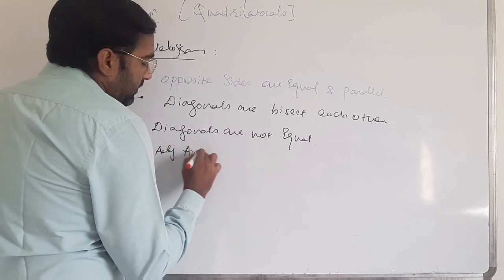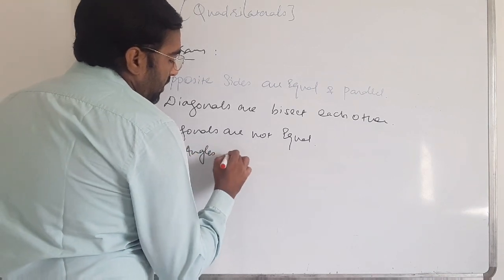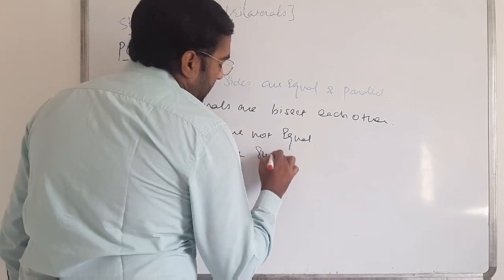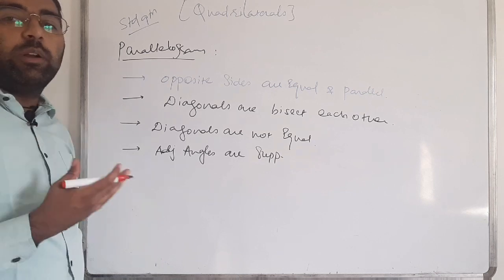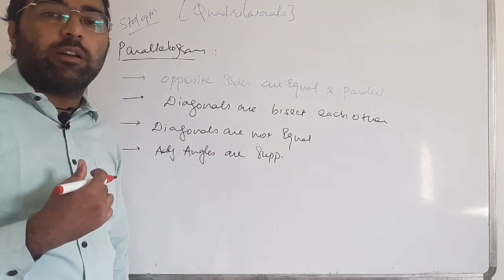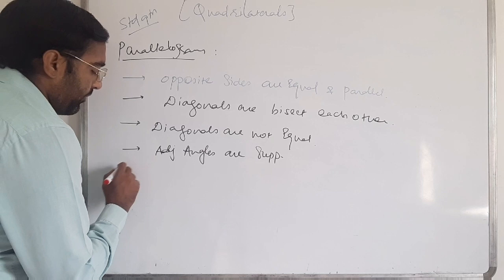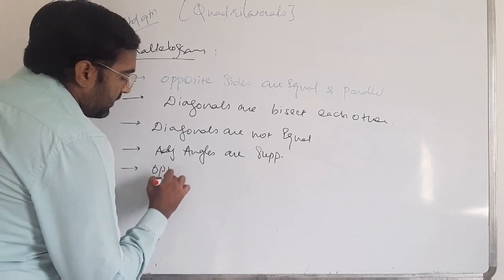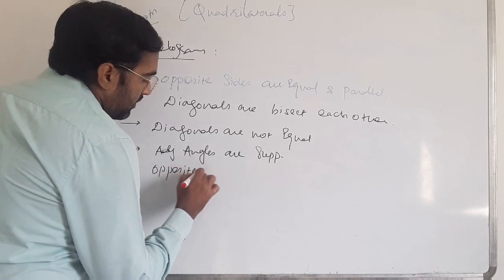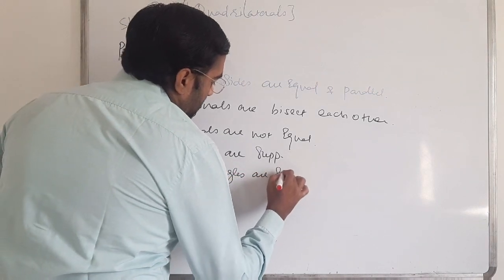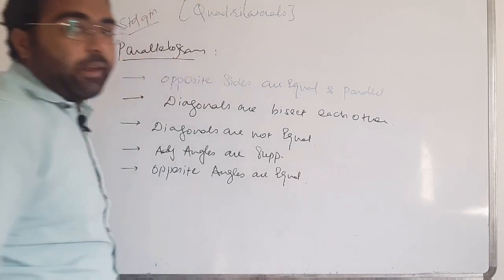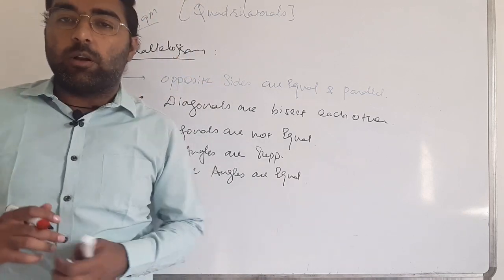Adjacent angles are supplementary. Supplementary means the sum of two adjacent angles is 180 degrees. And opposite angles are equal. Clear?